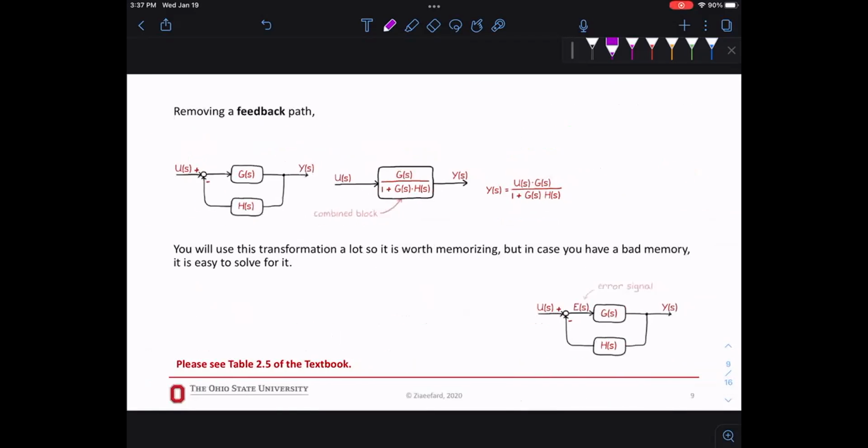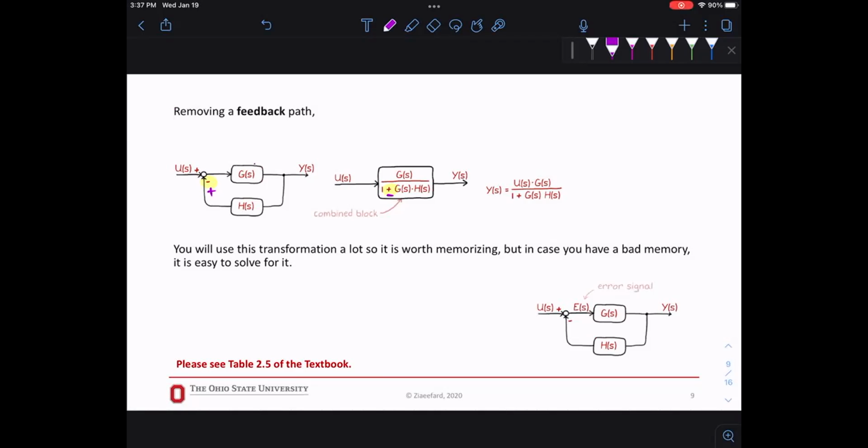And then removing a feedback path. Here, if you have G(s) on top of the feedback, in the forward signal path, and H(s) is in the feedback loop, you can write G(s), the one on top, over 1 plus G(s)H(s). Now, if this was a negative feedback, this becomes positive. If this was positive, this becomes negative.